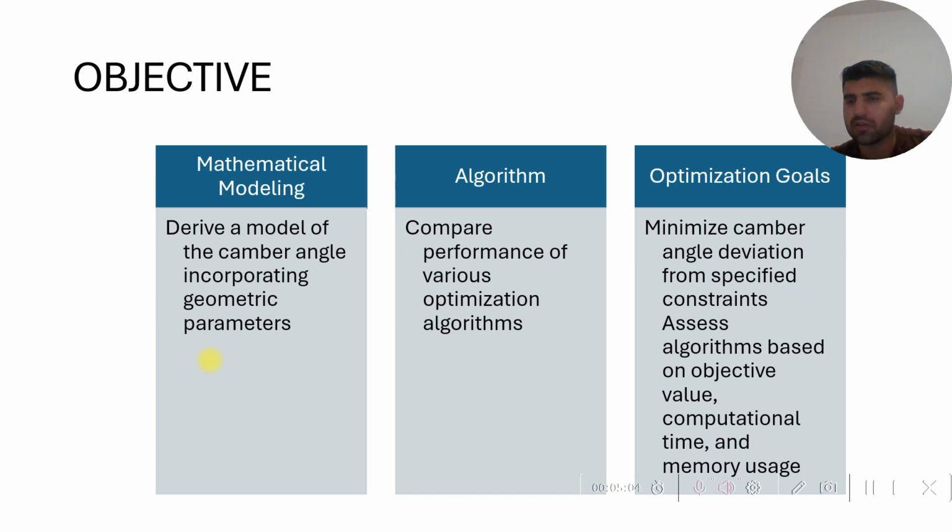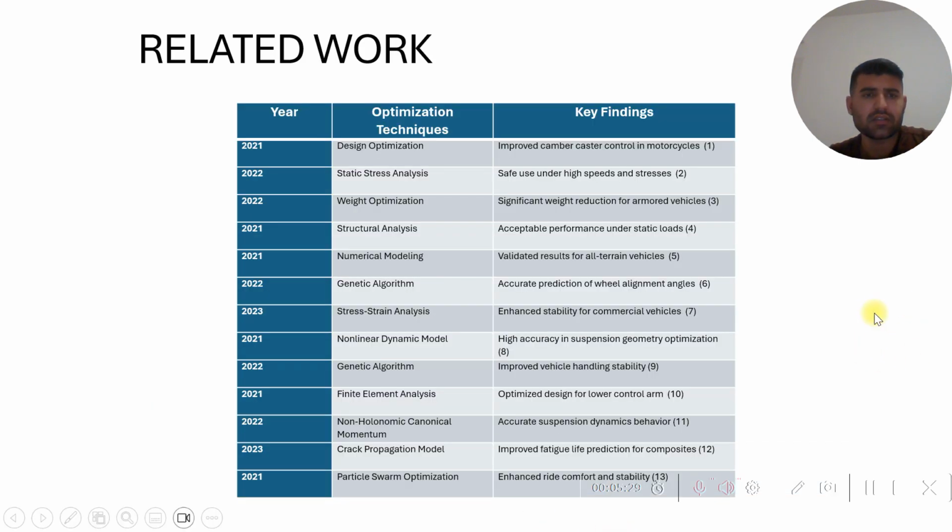One of our main goals is to minimize the camber angle deviation under specific constraints with the algorithms we use, because we are doing a comparative study of different types of algorithms. We apply all algorithms and evaluate them based on objective values, computational time, and memory usage. That is our goal.